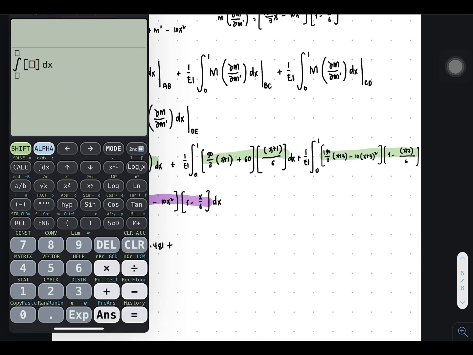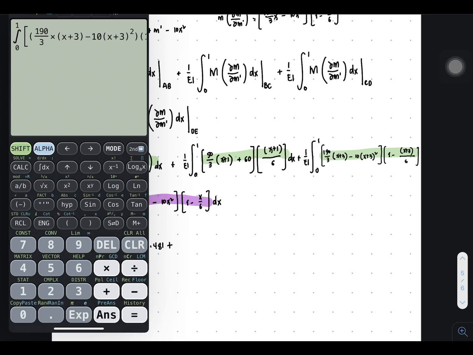It's going to be the integral of 190 over 3 times (x plus 3) minus 10 times (x plus 3) squared, and you multiply it with 1 minus (x plus 3) over 6, and you close it.